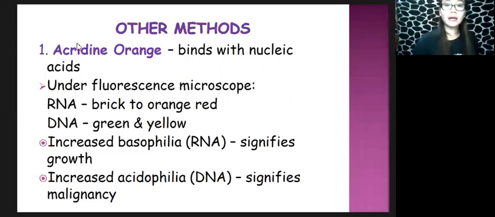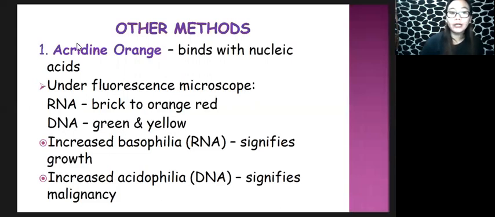Acridine orange is a stain for your nucleic acids, particularly your RNA and your DNA. Your RNA emits a brick to orange-red fluorescence, and your DNA emits a green and yellow fluorescence. Depending upon the color of fluorescence that is emitted, we are able to determine what specific nucleic acid is predominant in our sample.